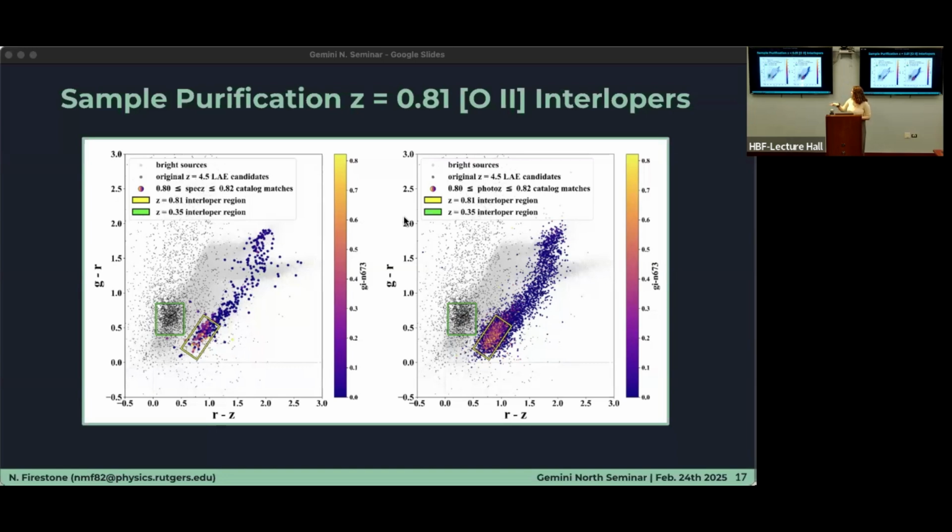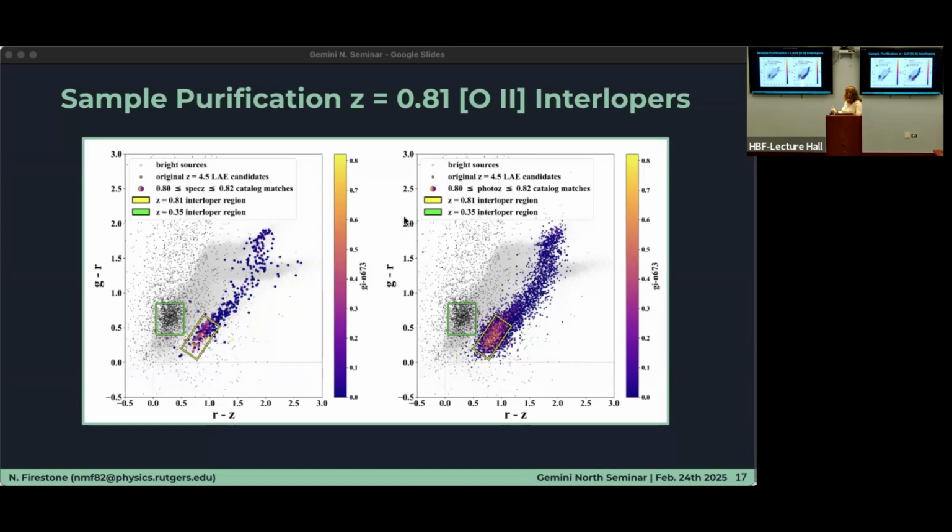The colored objects are objects that are in the particular redshift range that we might expect to find an interloping O2 emitter. And we've colored them by their narrowband excess. So we're coloring them essentially by their emission line strength if they have an emission line.